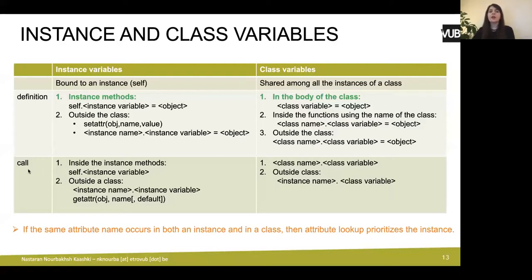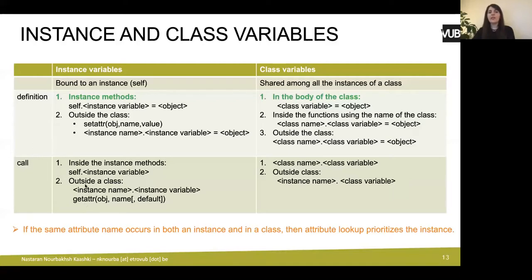How can we call instance variables and class variables? We can call instance variables from inside the instance method using self dot the name of the instance variable, and we can call them from outside of a class in two ways.